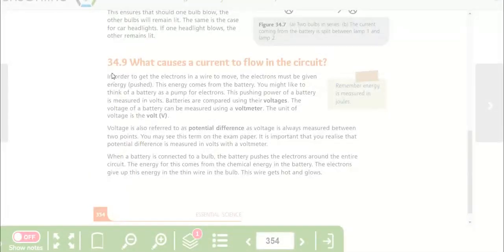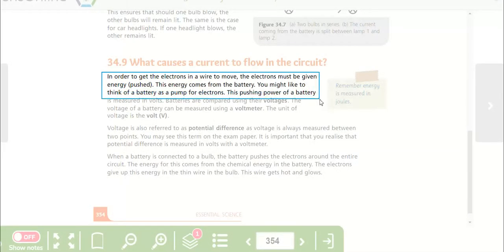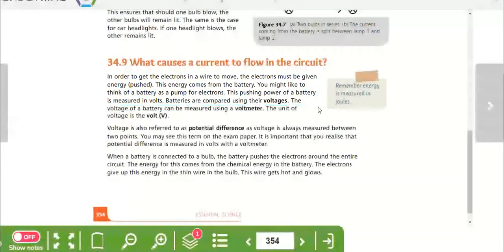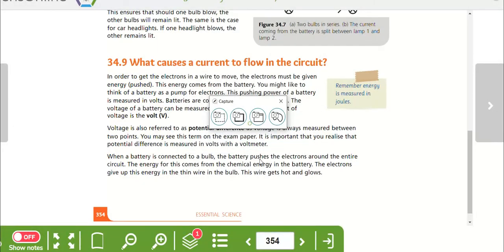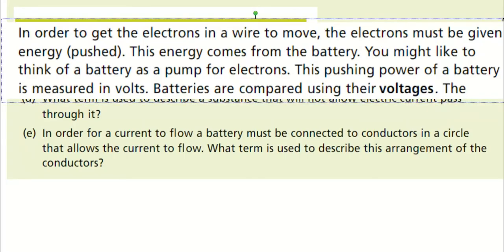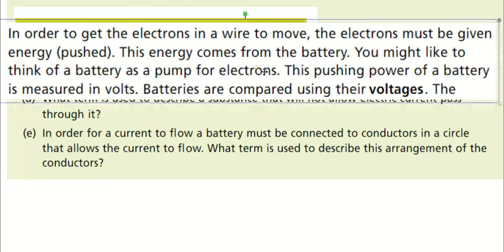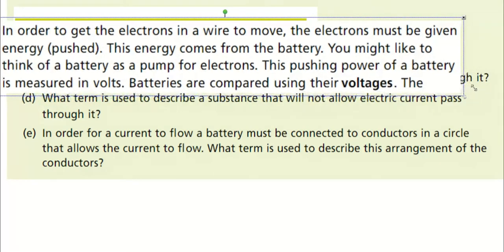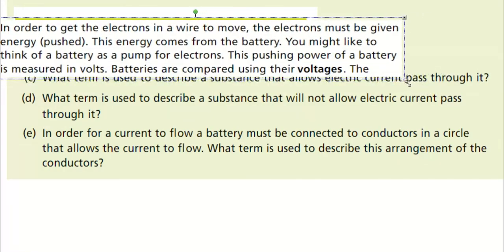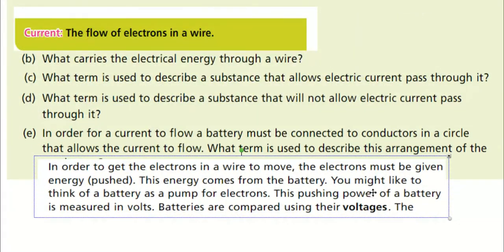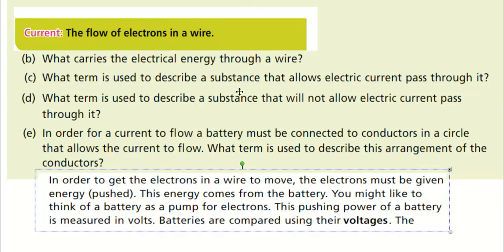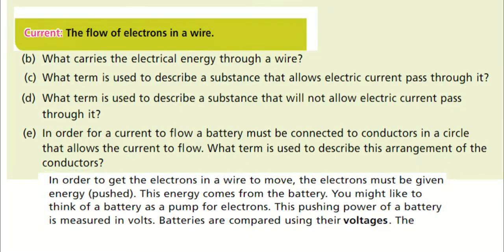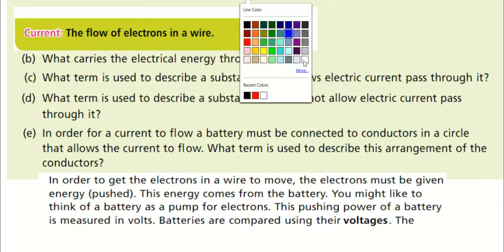So basically this part here. There's the answer for part 2. In order to get electrons in a wire to move, electrons must be given an energy push. This energy comes from the battery. You might like to think of a battery as a pump for electrons. The pushing power of a battery is measured in volts. Okay, that is our answer for the second part.